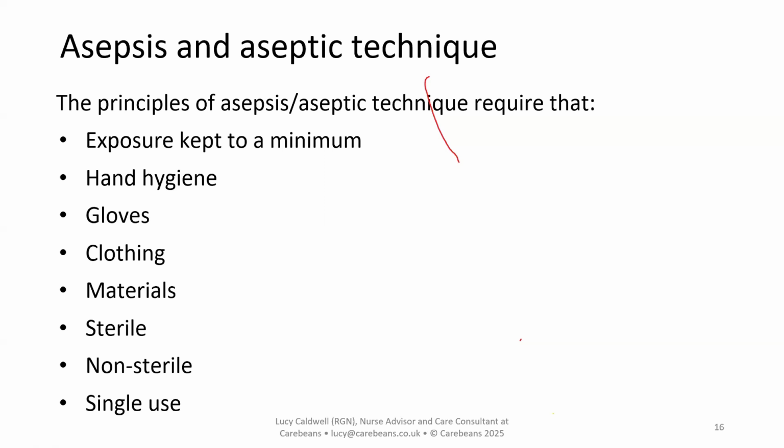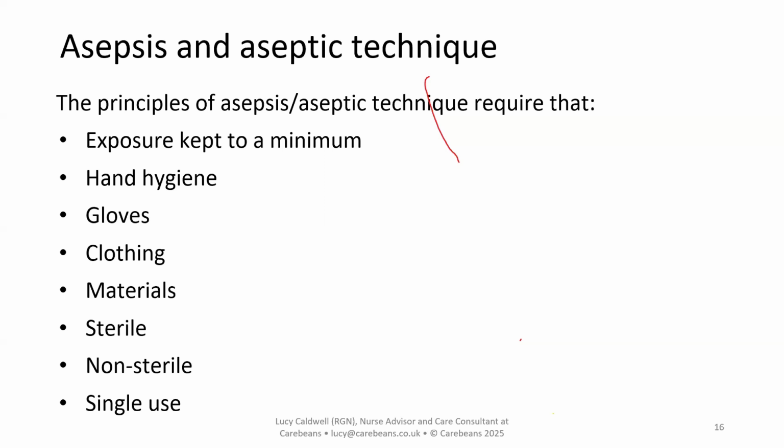You don't want massive gloves that are flapping about, you want nice close fitting gloves. So clothing wise, you should be wearing protective disposable plastic aprons where appropriate, or you should have access to those. Any materials that you use should be sterile, so in sterile packs, for example. So if you are doing, for example, a wound dressing, all those packs should be sterile and sealed.